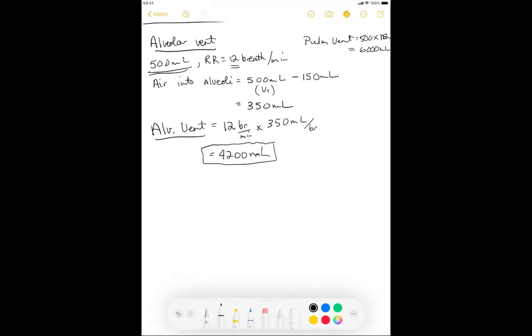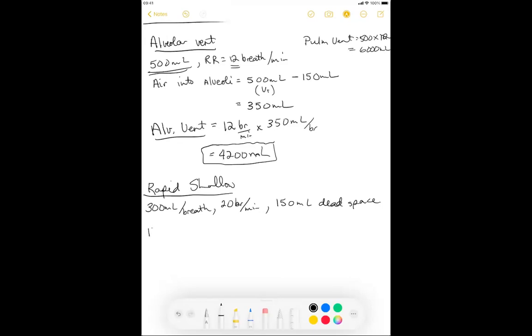Now we're having rapid, shallow breaths. And so we have 300 mils per breath, 20 breaths per minute. And the amount of air that's going to stay in our trachea and our bronchi doesn't change. It's 150 mils of dead space.